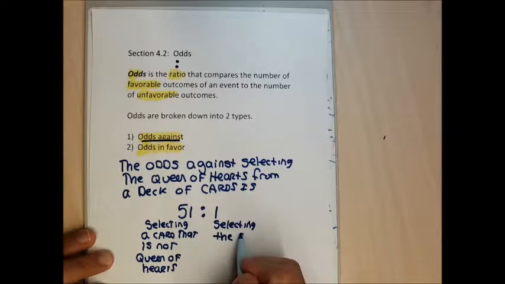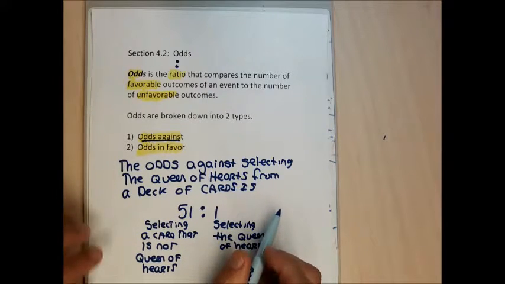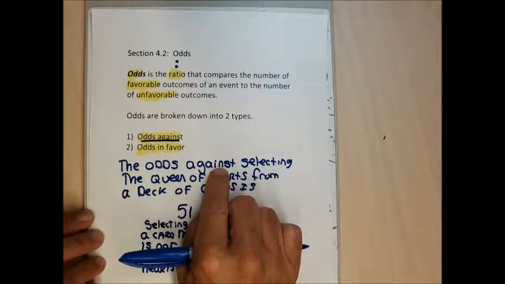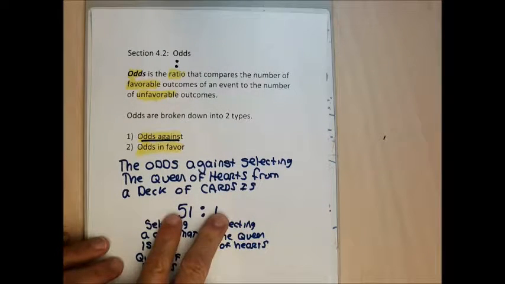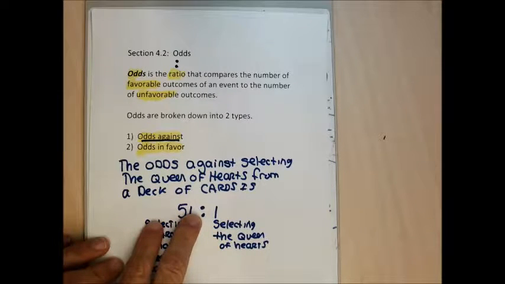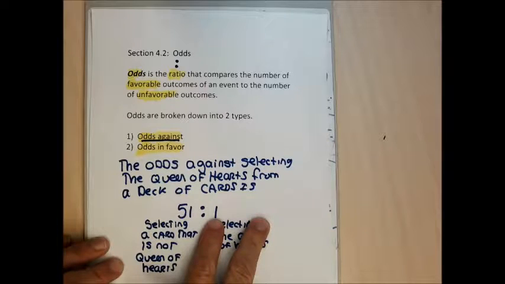So I'm comparing two numbers. In this case, if I'm trying to find the odds against selecting a Queen of Hearts, I need to break the deck of cards into two piles. One pile are all the cards that are not the Queen of Hearts, and the second pile would be the cards that are the Queen of Hearts.